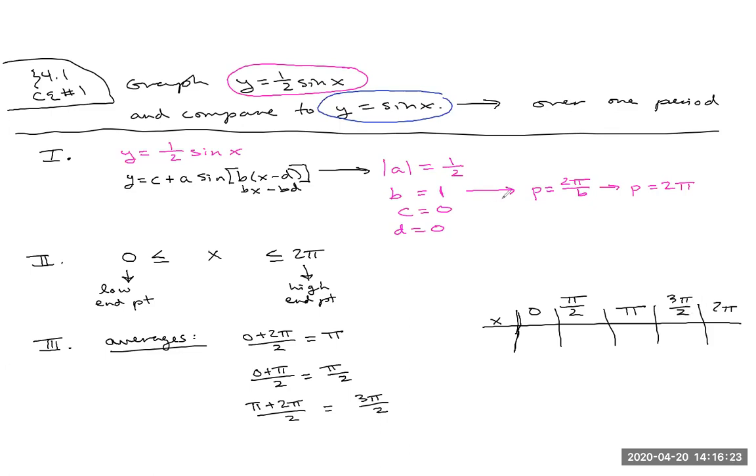And that completes step 3. We have our 5 x values that we need to plot. Let me save this. And then let me get rid of my third step and my second step. Actually, I'm going to just clear this whole thing.